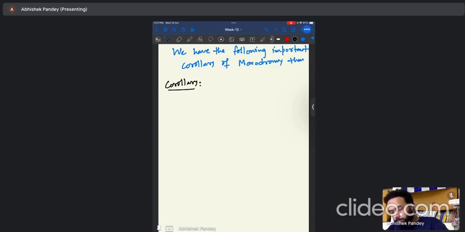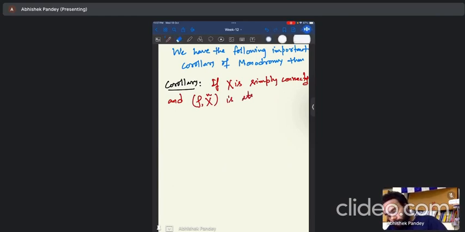So if x is simply connected, and rho comma x tilde is its covering of x, then rho is a homeomorphism basically. X tilde to x is a homeomorphism.